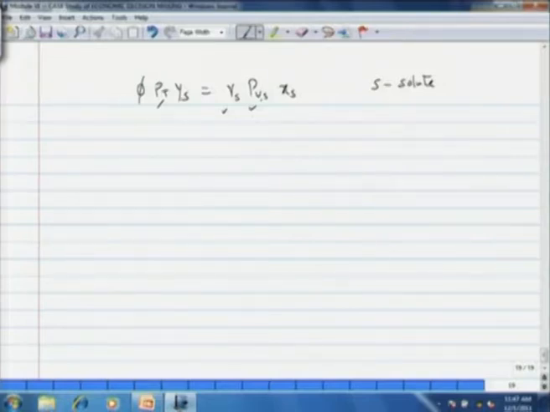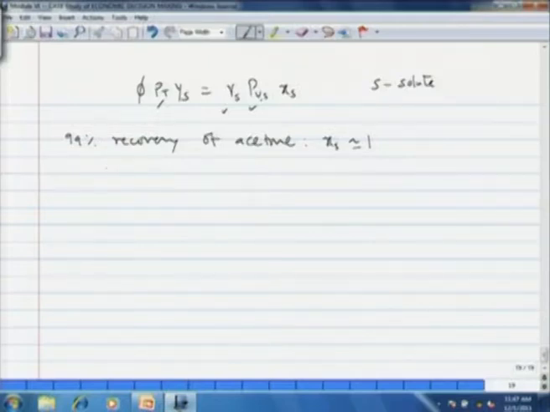Okay. Now, if we are talking of 99% recovery of acetone, then XS is close to 1. Okay. That is the solvent composition of the top tray. Okay.